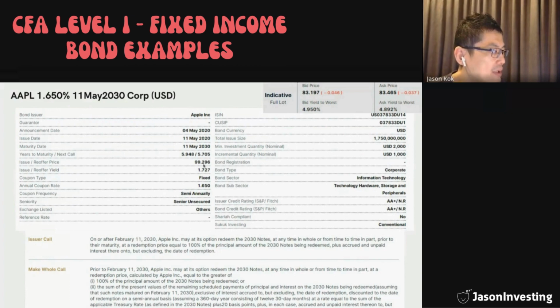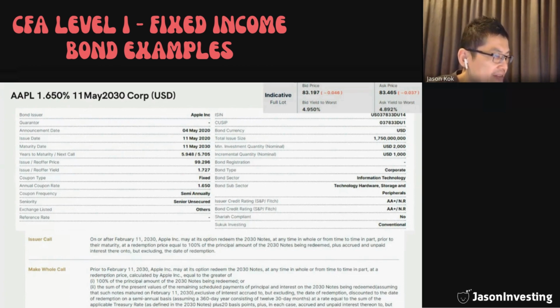And the bond is issued at a price that is below par. Do you remember that I said that the par price is 100? So the bond price can be below or above par price. Normally when you issue a bond, the price will always be 100.